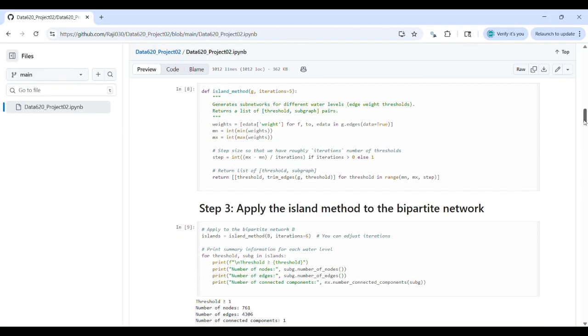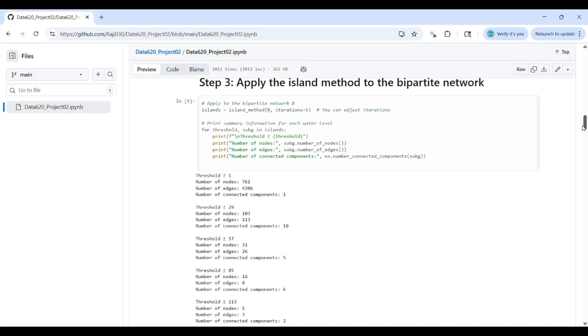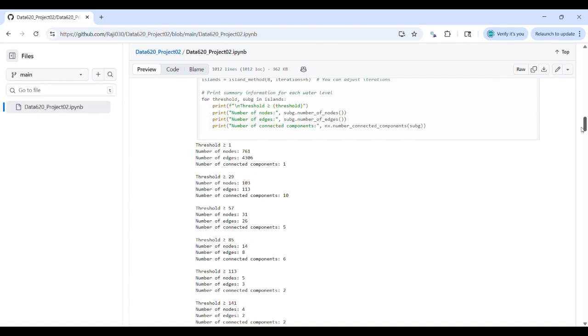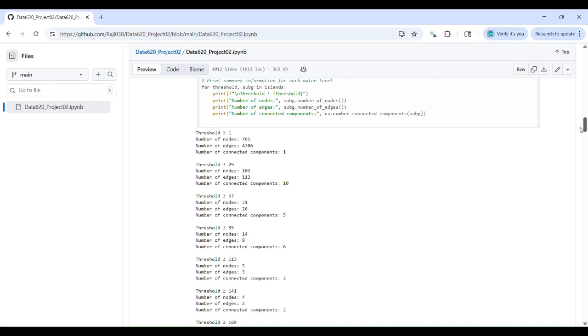Here we defined the island method, and finally we applied the island method to the bipartite network, and you see that we got a couple of islands at different water levels or thresholds.